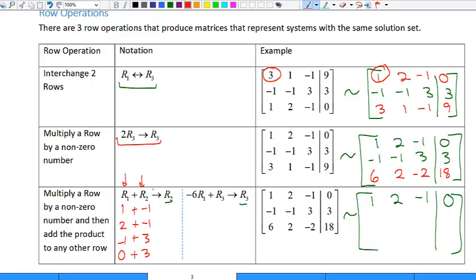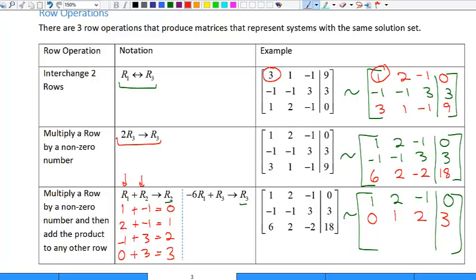I wrote my row 2 down vertically, and now I'm going to add them horizontally. So I have -1 plus 1 gets me 0. 2 plus -1 gets me 1. -1 plus 3 gets me 2. 0 plus 3 gets me 3. So into row 2, I can rewrite 0, 1, 2, and 3.